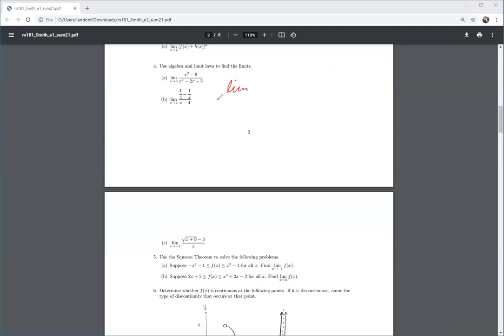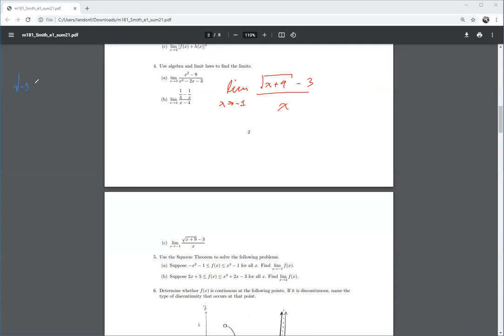Limit as x approaches -1 of square root of x plus 9 minus 3 over x. Okay, so yeah, first step, let's just see if we can plug it in, see if we get anywhere. So if we plug in, here, maybe we'll do this over on the left.